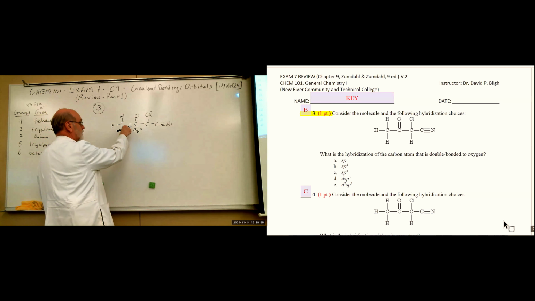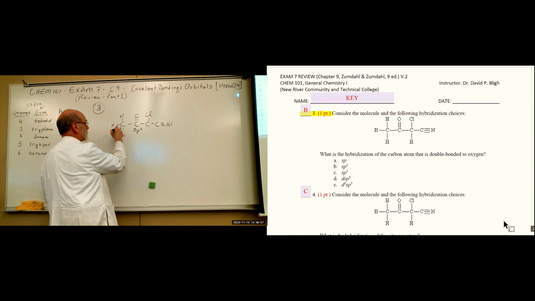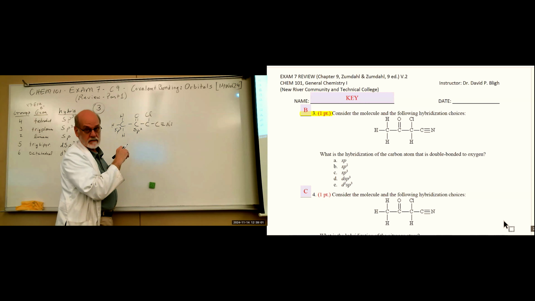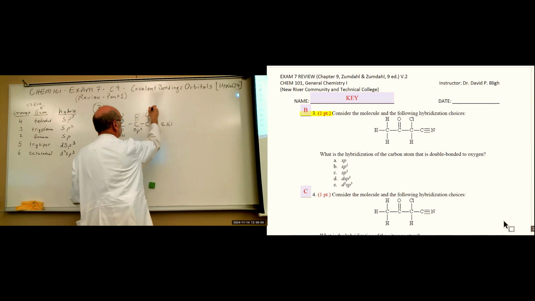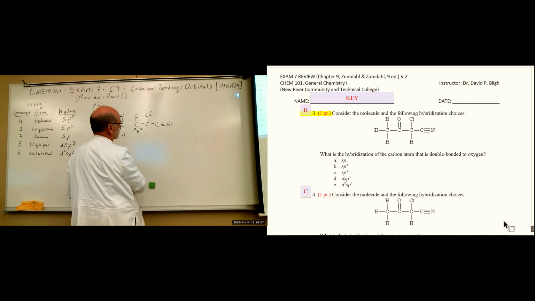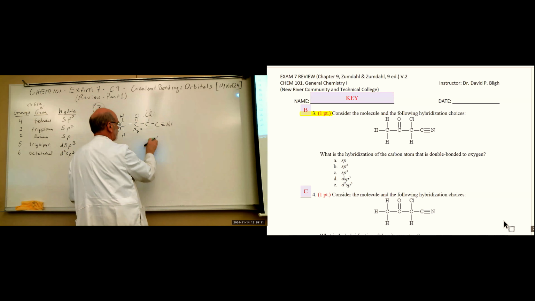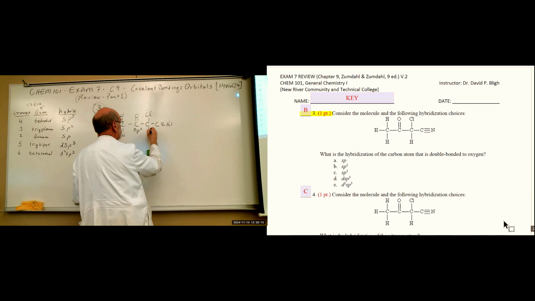And while we're here, this one would be sp3. This one would be, let me see. We left out the lone pairs. That must be a lone pair there, right? No, there's a hydrogen, sorry. So this is also sp3 for the carbons.